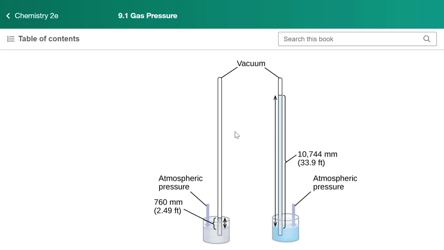Once that is done, it is inserted into a liquid. That liquid is subject to the atmospheric pressure, so the atmospheric pressure is pushing down on it. Inside of the tube, there is no atmospheric pressure because we created a vacuum. There are no gas molecules there to collide with the surface.